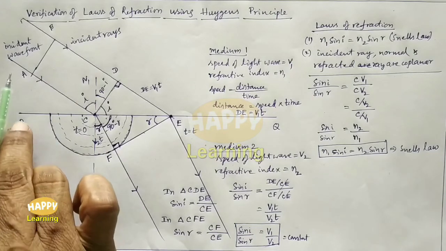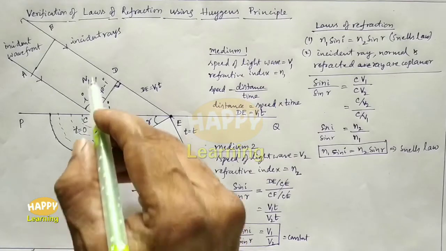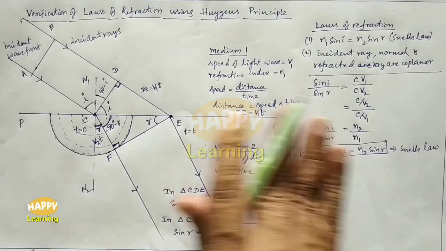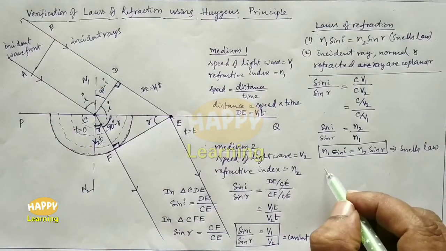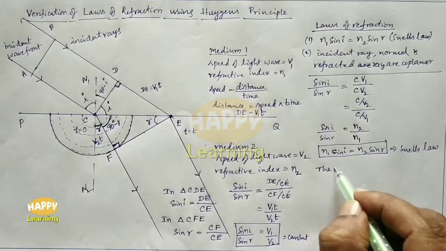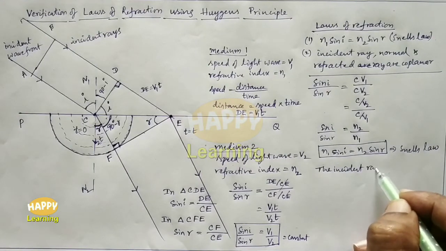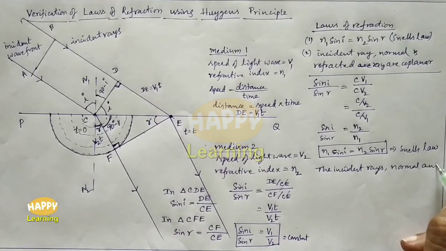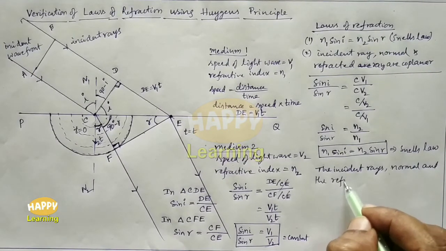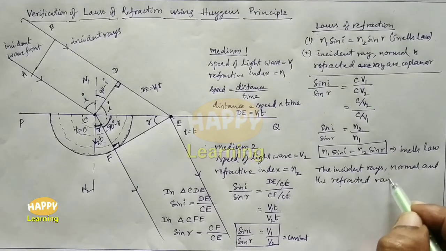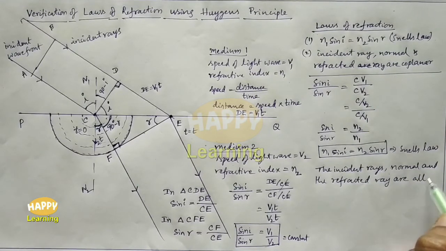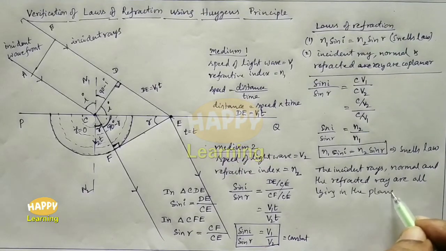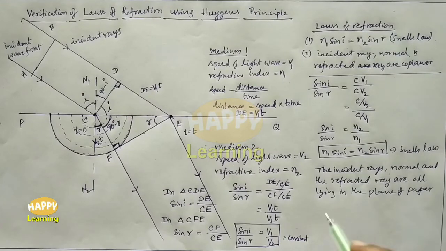Now, the incident ray, the normal and the refracted ray are all lying in the plane of paper.